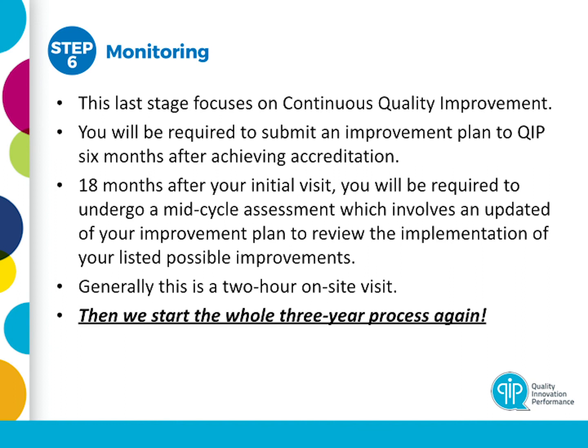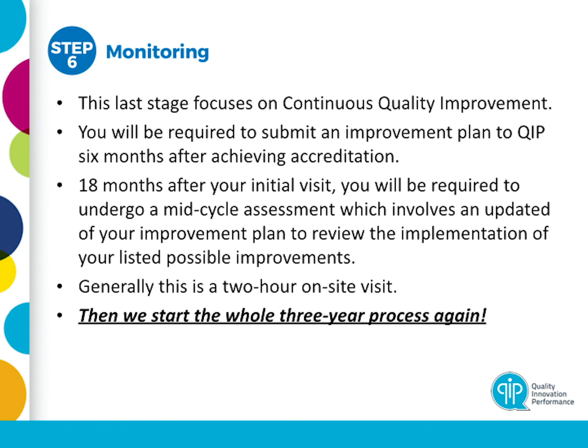After you've achieved accreditation, the work does not stop there. We want to make sure that we're always trying to be better, so continuous quality improvement is the last stage before we start again. Six months after you achieve accreditation, we ask for an improvement plan to be submitted to QIP.